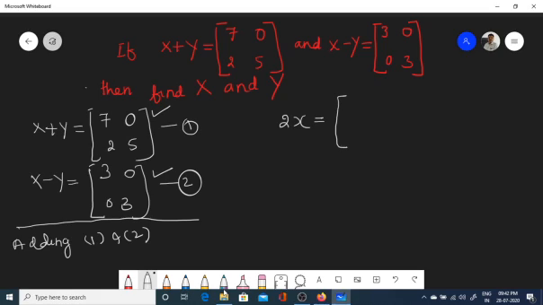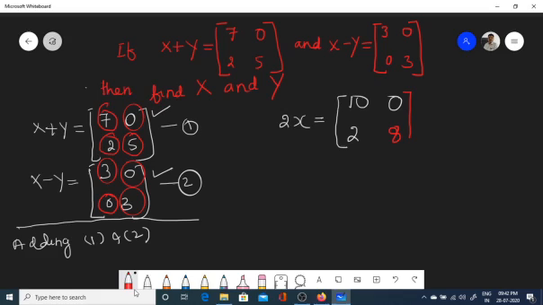So the 7 is added with 3, that will become 10, and 0 is added with 0, therefore that will become 0. Then 2 is added with 0, so that is 2, and 5 is added with 3, so that is 8. So 2x equals 8.